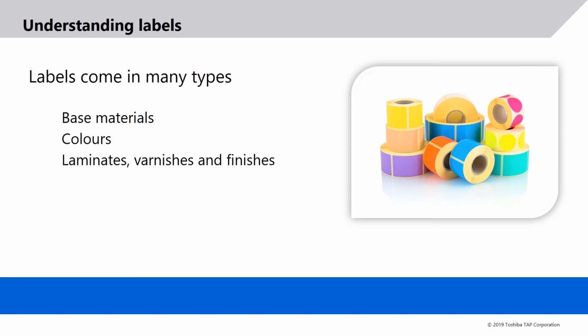So all of these things are very important to take into consideration. One of the most important things to remember if you're using a ribbon is that the ribbon and the label have to be correctly paired for the ribbon to transfer properly. This is a major area where I see errors occurring, and that's what we'll be talking about in section 4 in this webinar.